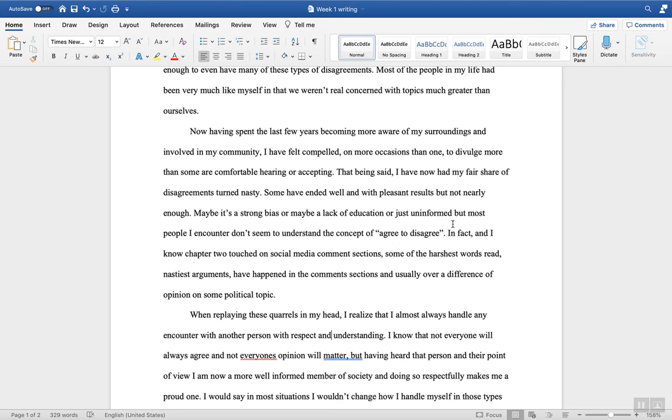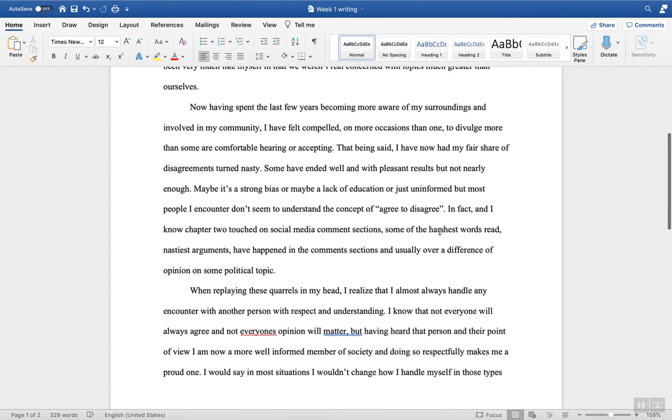So one thing that we say in professional writing, any claims that you make have to be supported by evidence, and depending on the genre, evidence will take a variety of forms. In this type of writing where it's a personal response, evidence is going to take the form of narratives, right? Your own little personal examples of how you handled disagreements. So I think that in this paragraph would make the writing stronger.